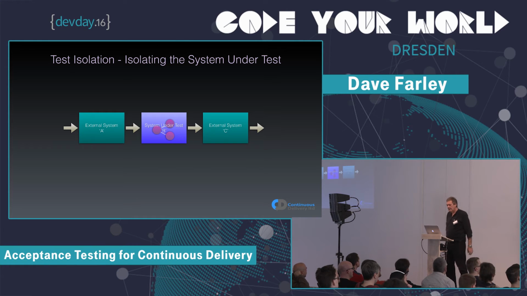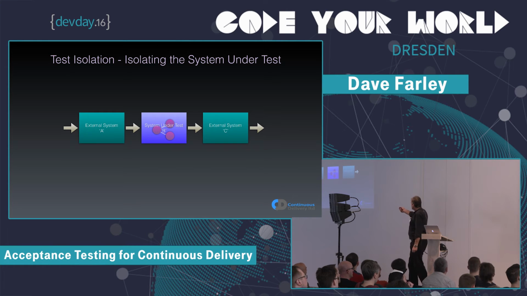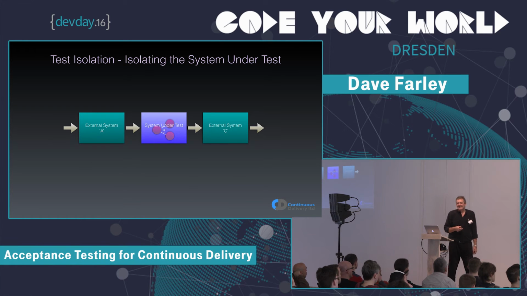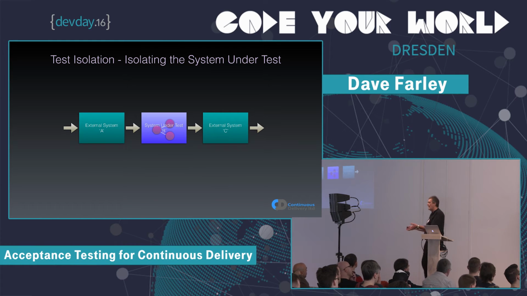And there's a problem with that, because if you're trying to evaluate system B and you're doing that by driving system A, you have a limited degree of control. You can't really be very precise about getting system B into the state that you want it to be in to try out things.